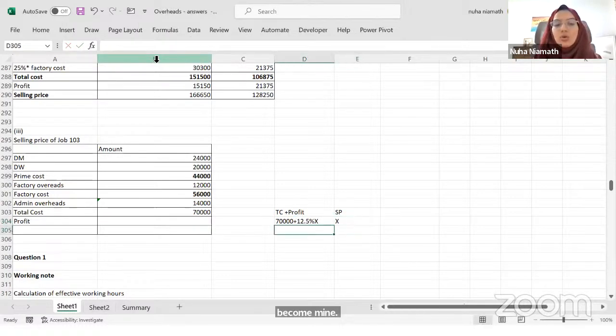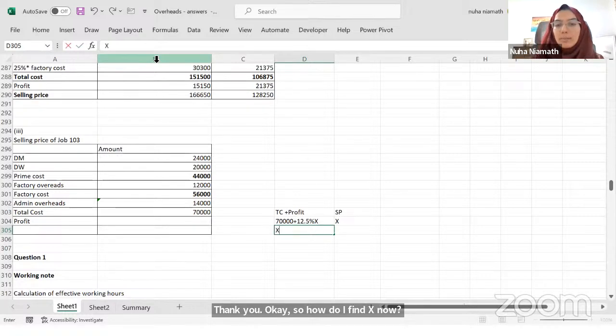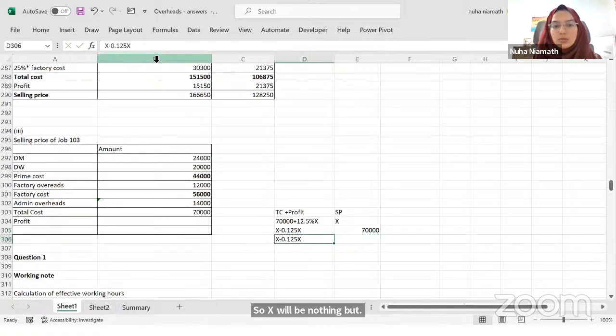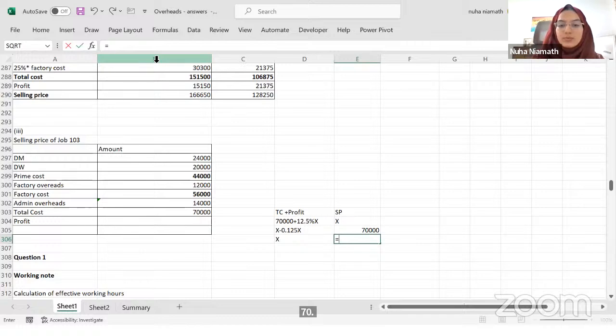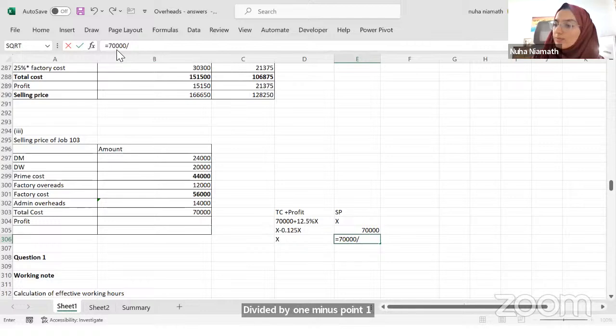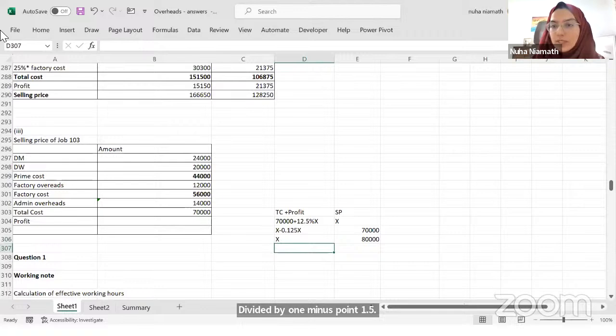Okay. So how do I find X now? X will be, so we can do X minus 0.125 X is equal to 70,000. So X will be nothing but 70,000 divided by 1 minus 0.125, which is 0.875, which will give me 80,000, right?